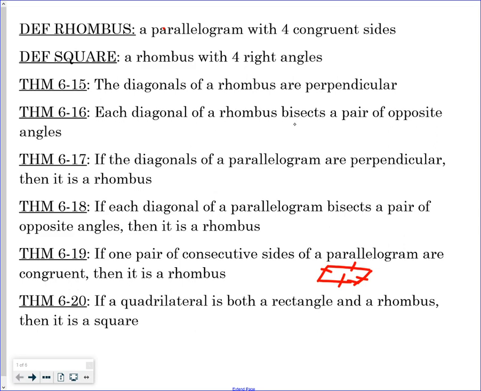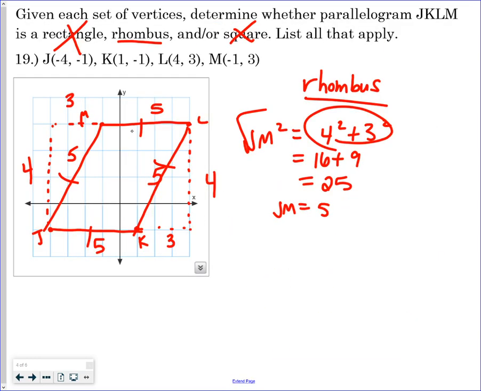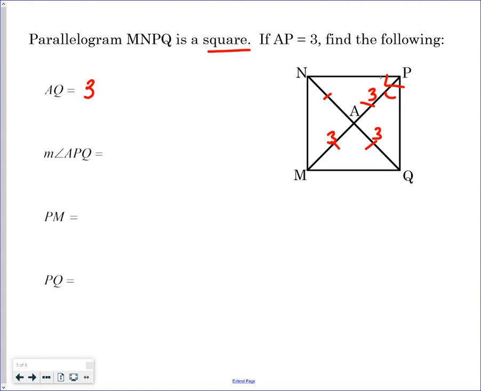Each diagonal of a rhombus bisects a pair of opposite angles, right? So if this angle is 90 and the diagonal bisects it, what is this angle? 45. A square is a special rhombus. They said for rhombi, which is more than one, that the diagonals bisect the angles, okay? So if it was 90, it's now 45 for the half that I wanted.